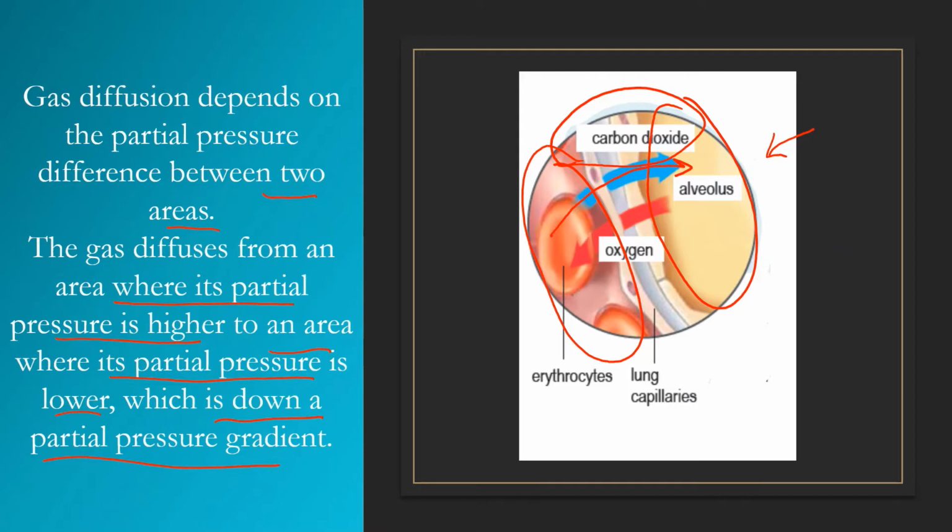Why? Because the partial pressure of carbon dioxide in the lung capillaries is high, whereas the partial pressure of carbon dioxide in the alveolus is low. That is why carbon dioxide diffuses from lung capillaries into the alveolus.